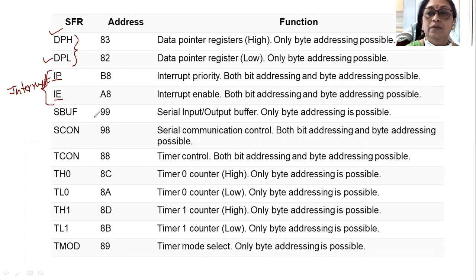Yes, Vedant, can you tell me the meaning of interrupt? Disturbance. No, I had told you something a bit different. Saurabh, are you present?